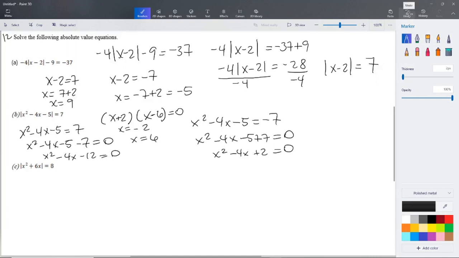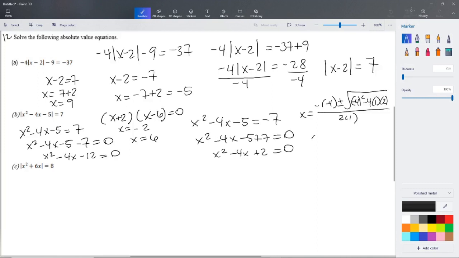Over here, let's do the quadratic formula. x is going to be equal to negative b, so in our case, a negative of negative 4, plus or minus the square root of negative 4 squared minus 4 times a, 1, and c, 2, all divided by 2 times 1.